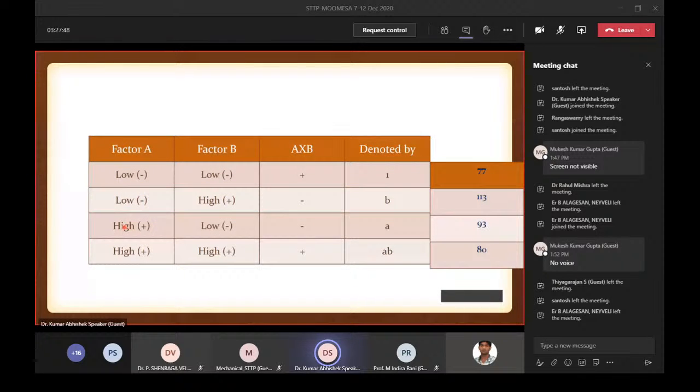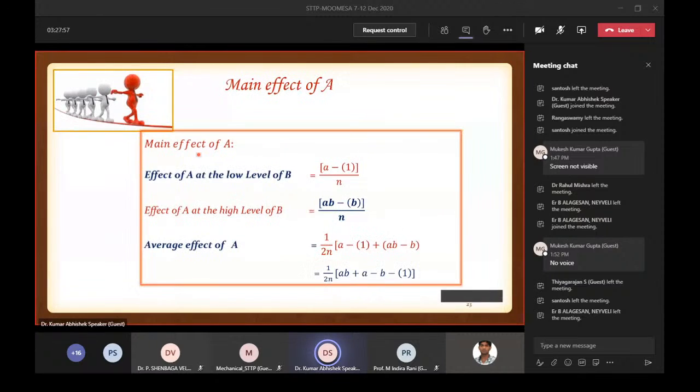Wherever the factor is at the high level, denote it, and wherever it is at the low level, denote that. Then you can find out the effect of factor A. The A at the high level is this one, then the average effect is 1/2n. Then by this formula you can determine the effect of A. Am I clear or not?